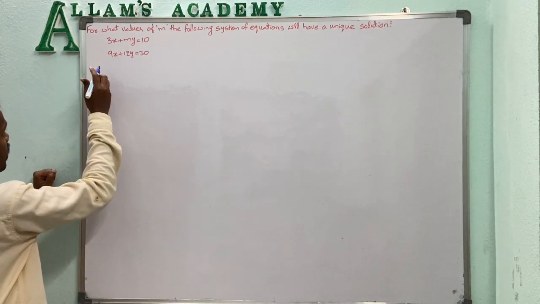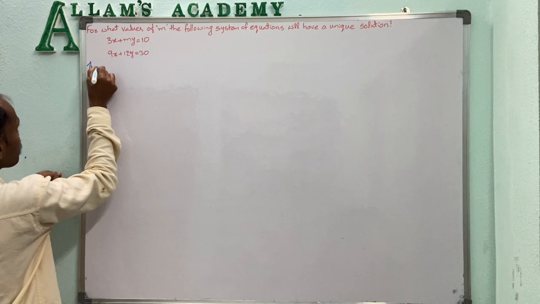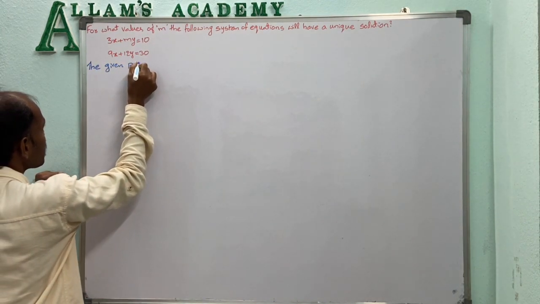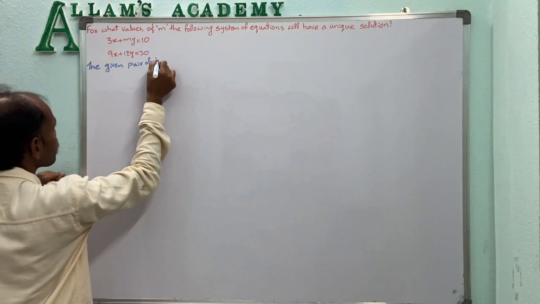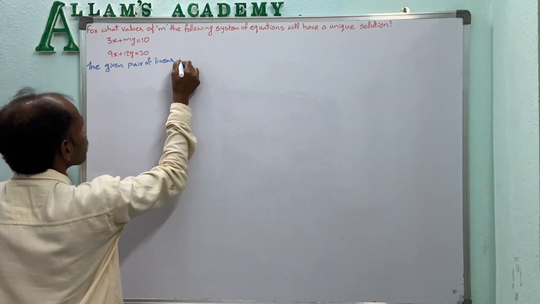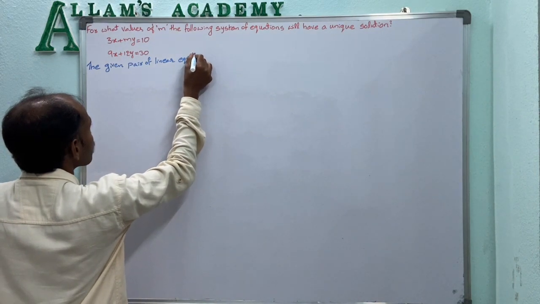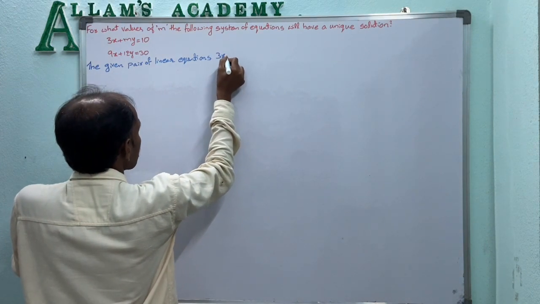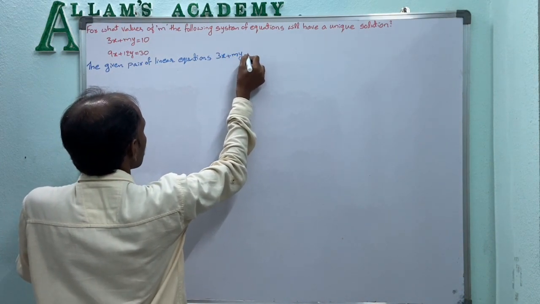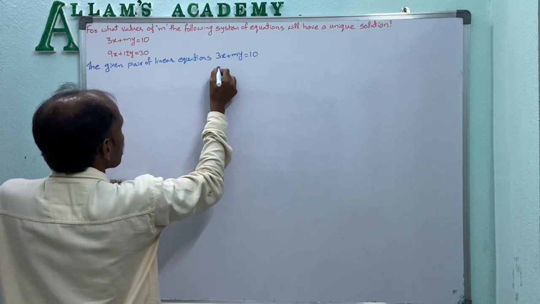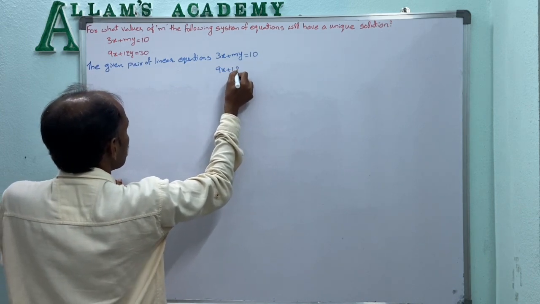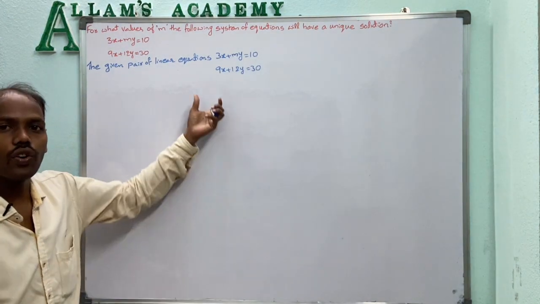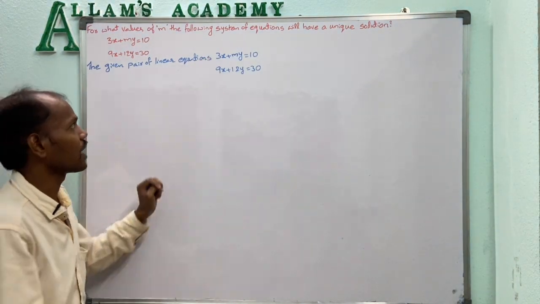First, writing the given pair of linear equations, and then the coefficients of these two linear equations.